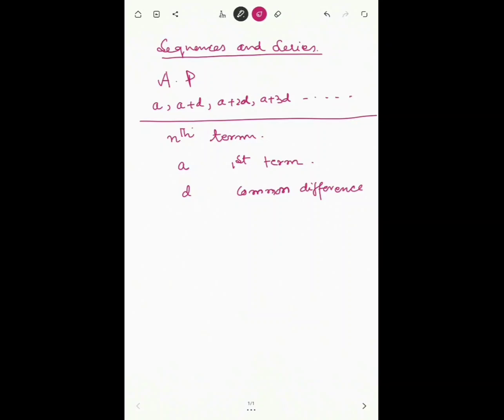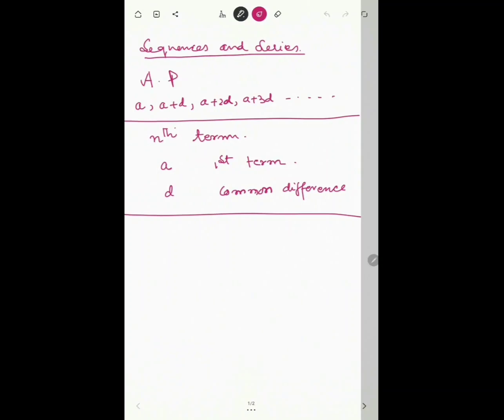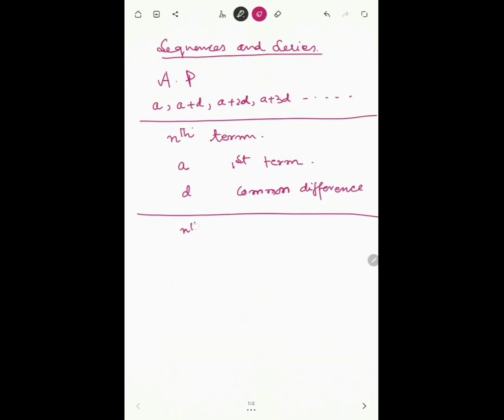Okay. Now, so how to find out the nth term? First term A, second term A plus D, third term A plus 2D.